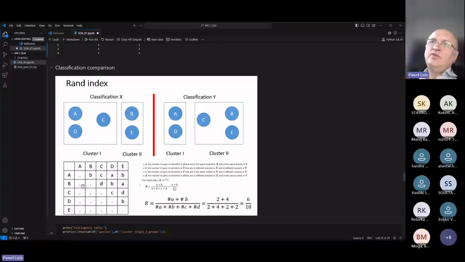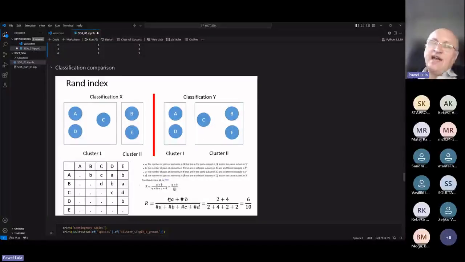D is here, between B and C. Here, these two objects are in two different clusters, and here in the same cluster. Having this matrix, we should calculate a value which is defined here, and this value is equal to the rand index.